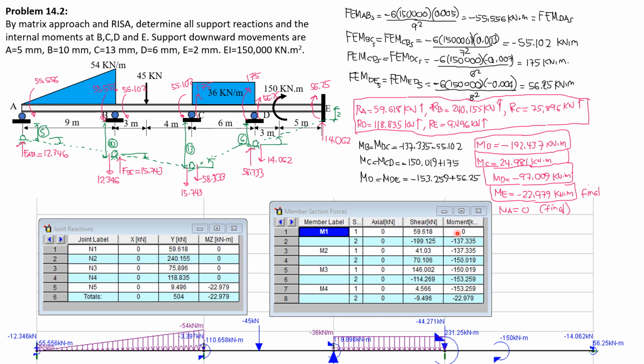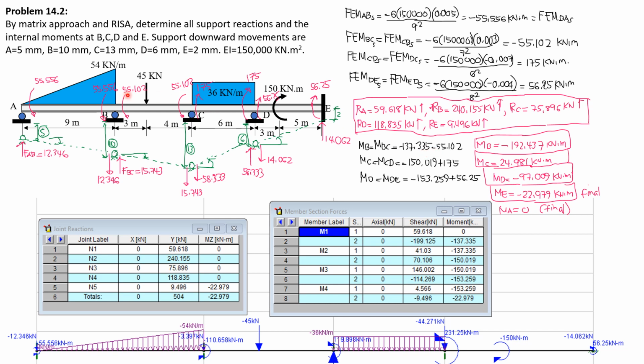So moment at A is 0. Moment at E is negative 22.979, which is also equal to this, negative 22.979 kilonewton meter. But for the internal supports, B, C, D, we have to add the fixed forces. So moment at B, which is moment BC, from the software, we have negative 137.335.